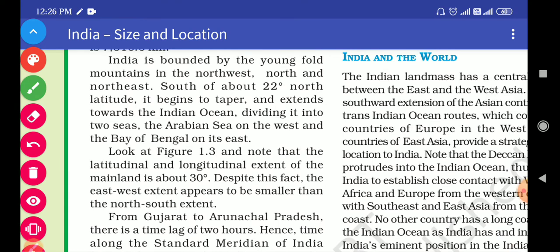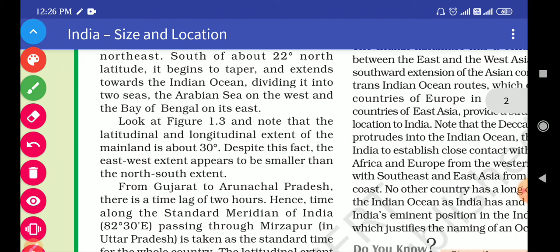The next one is: look at figure 1.3 and note that the latitudinal and longitudinal extent of the mainland is about 30°. Despite this fact, the east-west extent appears to be smaller than the north-south extent. What is the meaning of this paragraph?